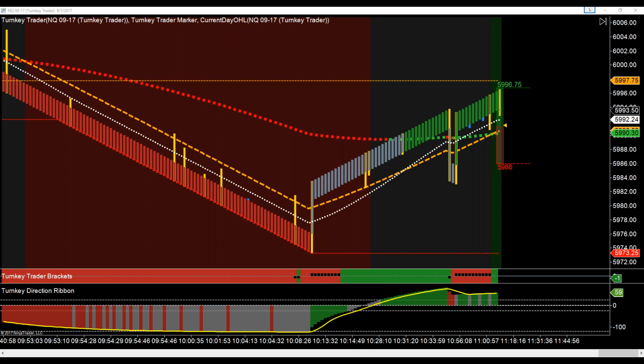So the money management strategy that we have on the website, we have our 40 tick stop, looking for a 6 tick profit target. And then we have our option for the runner.